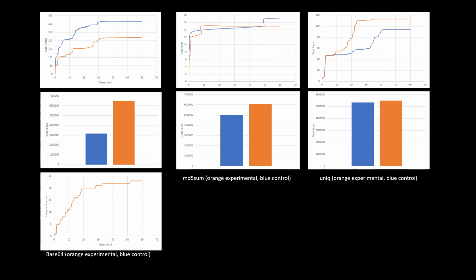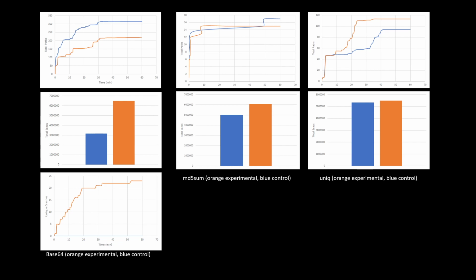And as you can see in the base64 case, we suffer in total paths, like I mentioned before, but we gain a lot in total executions. And the most important gain probably is that we actually find somewhere in the range of 22 crashes, whereas before we found no crashes.